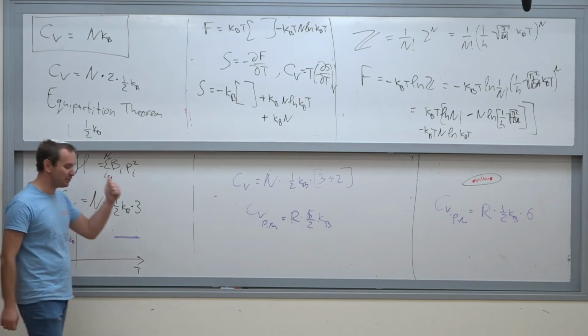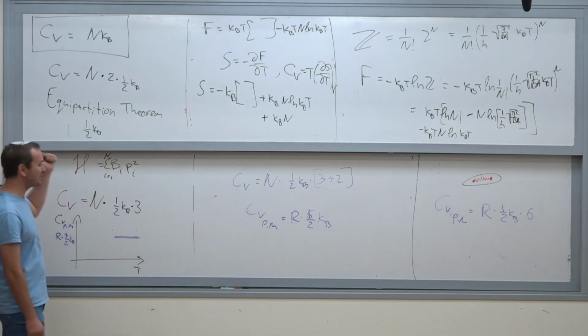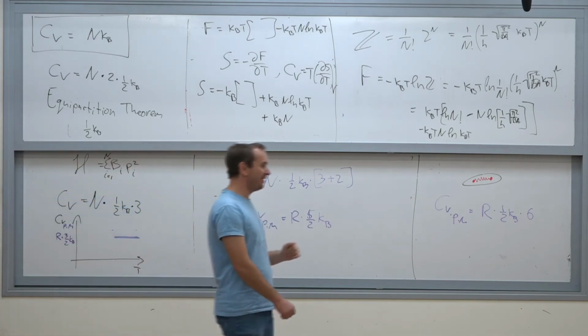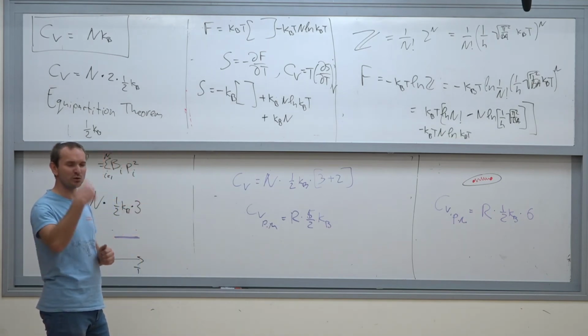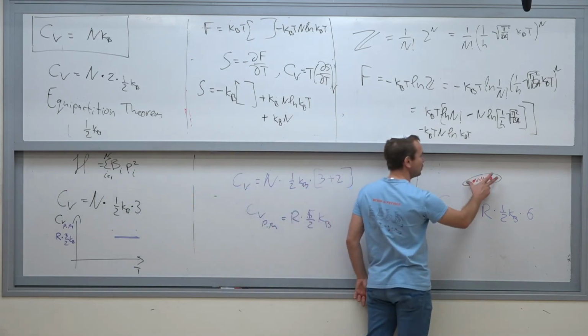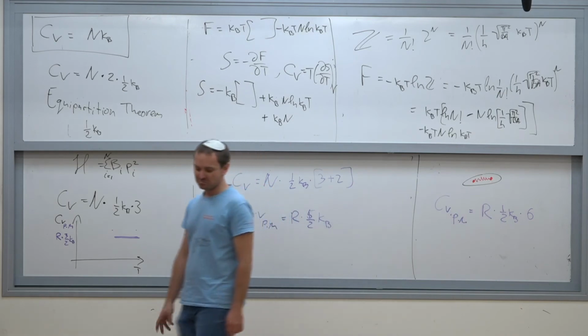I can compute the heat capacity. I can assume the equipartition theorem, that each degree of motion contributes 1/2 k_B. I can assume that it has translational, vibrational, and rotational degrees of freedom, the degree of freedom of each of those constituents to move as they wish.